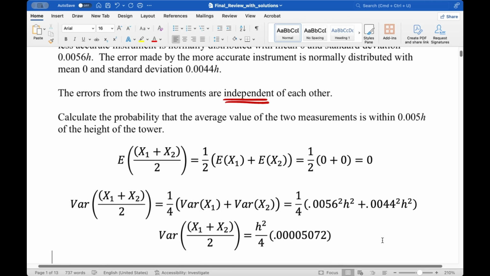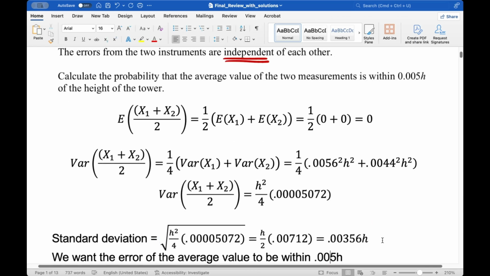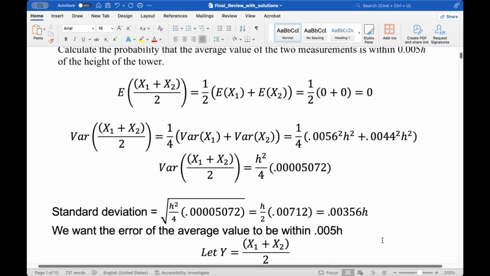That's the variance of the average, but we need the standard deviation, so we take the square root of that, and it comes back down to 0.00356h. And we want the average value to be within 0.005h.